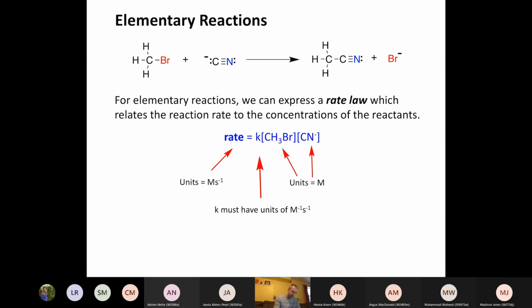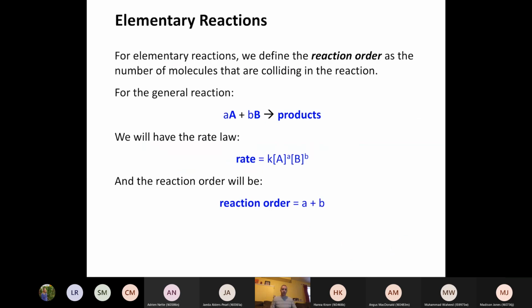That's because if you take molarity to the -1 times molarity squared, because we have molarity here and molarity here, that's going to be equal to molarity seconds to the -1, which is the unit we have to produce for rate. So just wanted to say that the units of K can change depending on how many different reactants we have that are reacting with each other, as we'll see in a little bit.